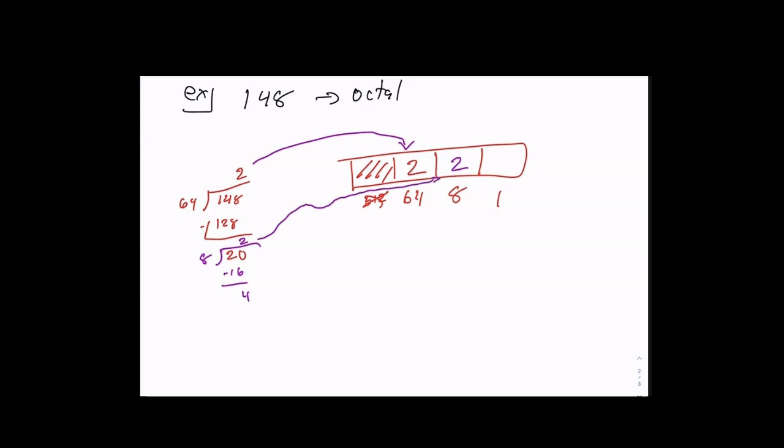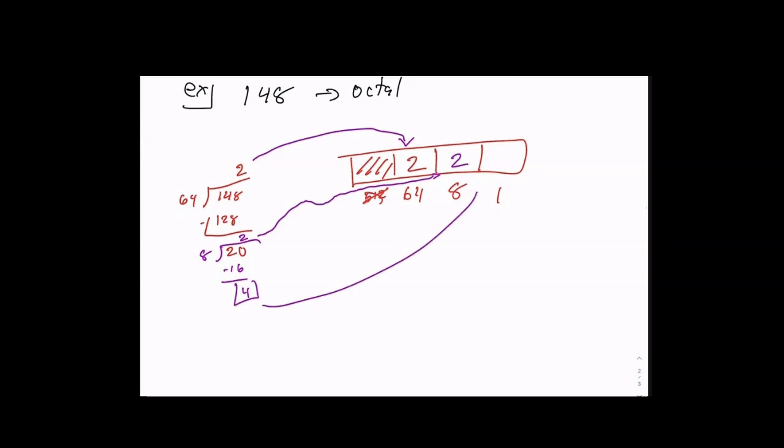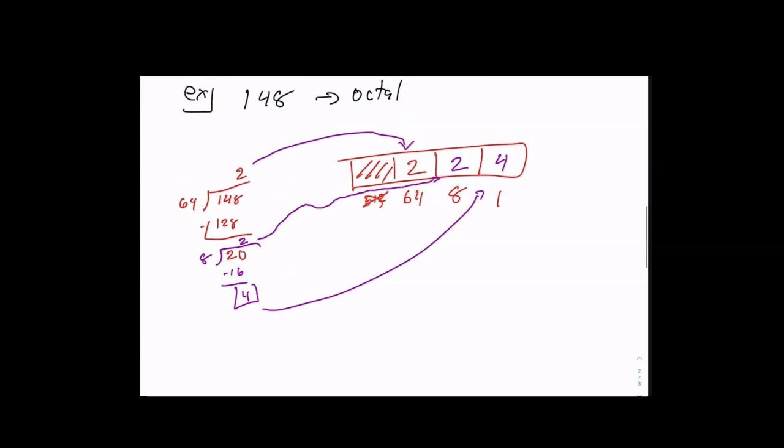And once you get to the last one, that last digit automatically goes into the last spot because it's 4. How many times does 1 go into 4? The answer is 4. So 148 is equivalent to 224 in octal.